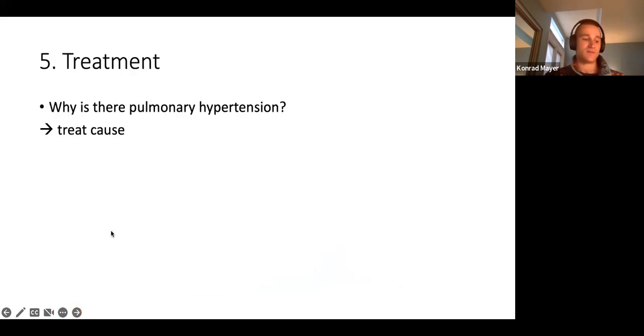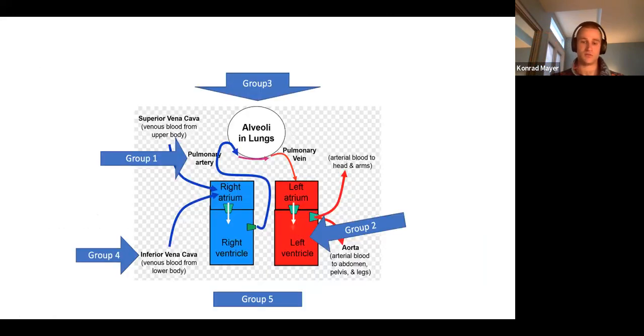Okay, so as I've mentioned, the most important thing about pulmonary hypertension is following the blood and understanding where's the issue and what is causing pulmonary hypertension.